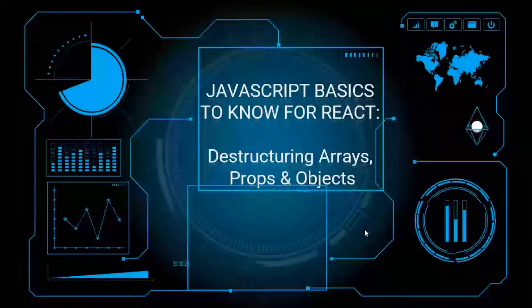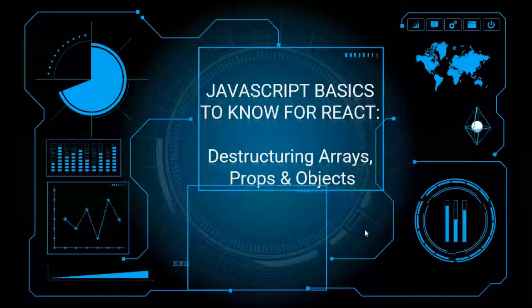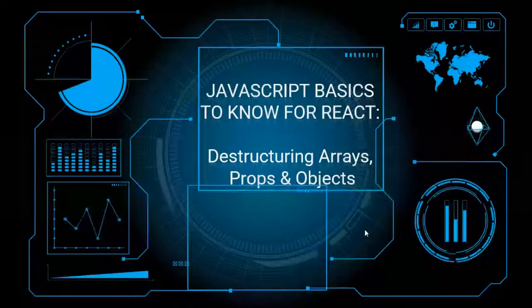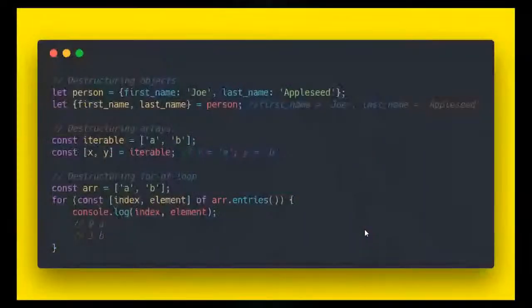So what we end up having to do a lot in React and in web development in general is we have to destructure structures. We have to take things off these different structures and then do something with them. What you're looking at here is a plain vanilla JavaScript way of destructuring objects.